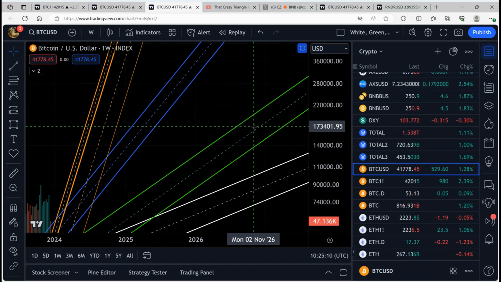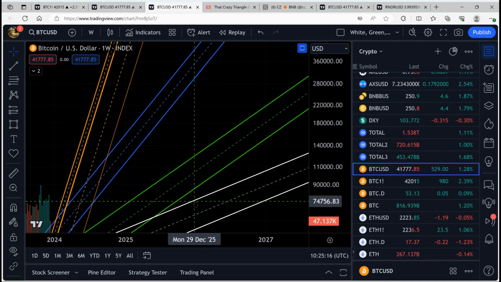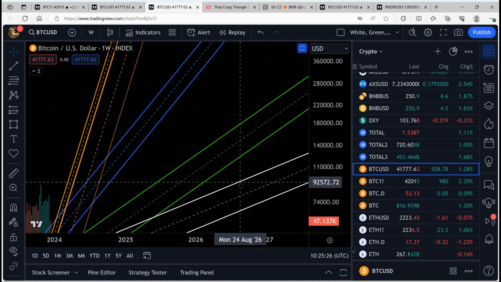Now, having said that, do you want to know where the bottom's going to be in 26? Here's 2026. So our bottom was in November of 2022, at 4 years, December 2026, or sometime in 2026.